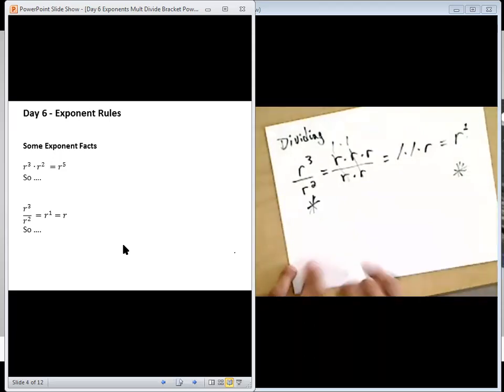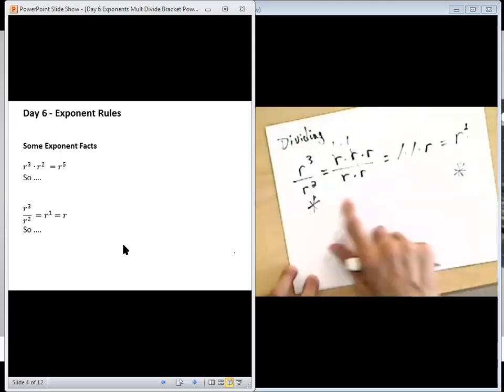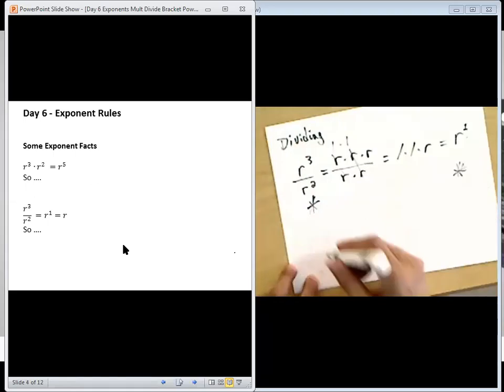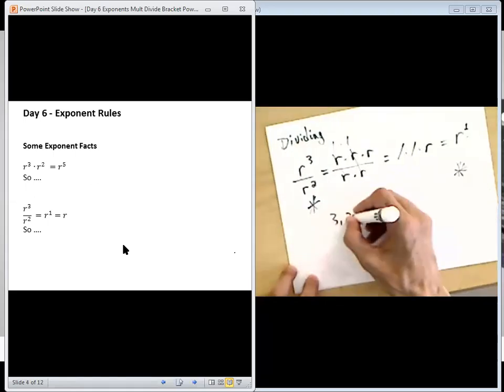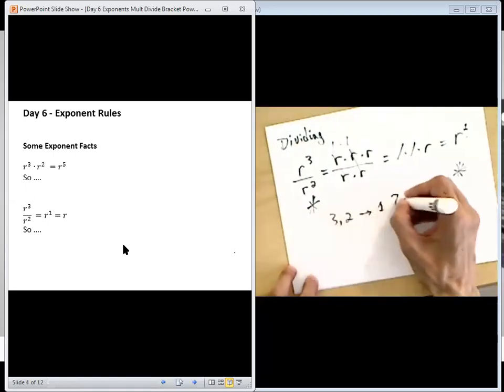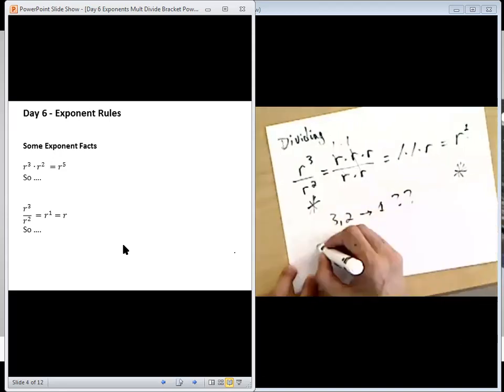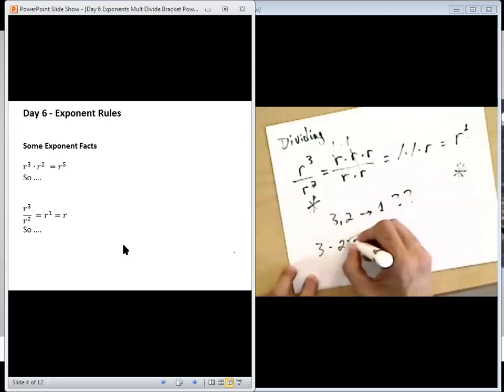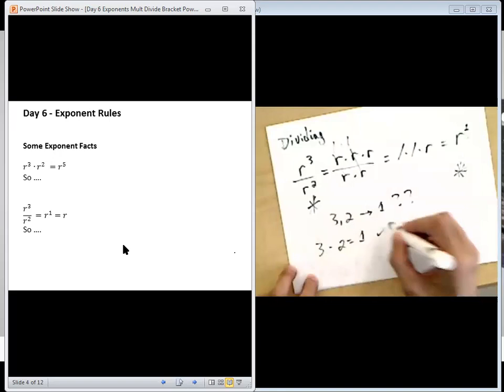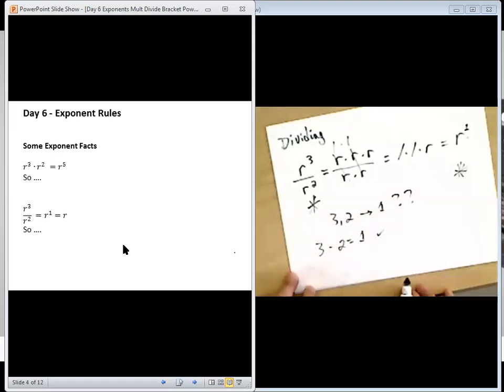Okay, good people. How do we get from a 3 and a 2 over to a 1? Yeah. From class, we got 3 minus 2, and I can agree with that. So that part works. When can we use this fact?